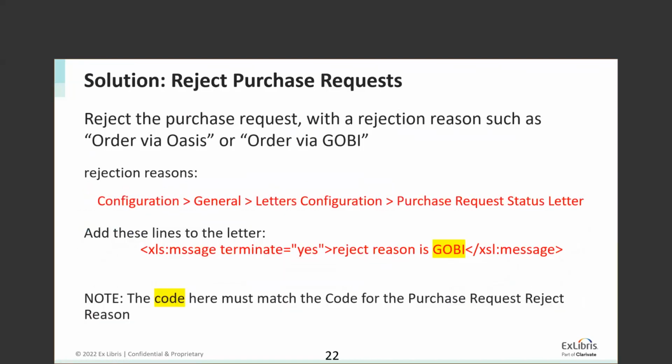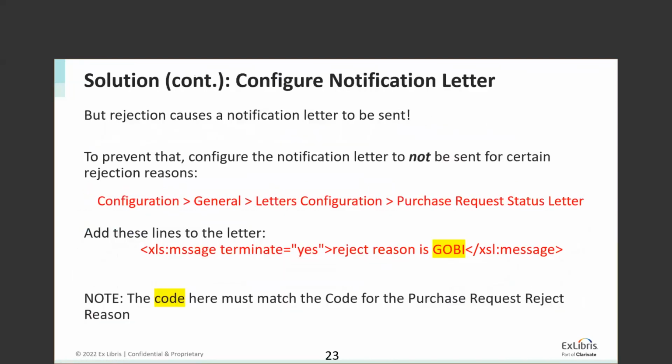The other thing to be aware of if you do this is that rejecting a purchase request can potentially send a notification letter to your instructor that says, we didn't purchase this. This is very helpful if you are actually using the purchase request workflow all the way through. You would want instructors to know which ones you're buying and which ones you're not buying. But in this case, you don't want to tell them that you're rejecting it when you're actually not rejecting it.